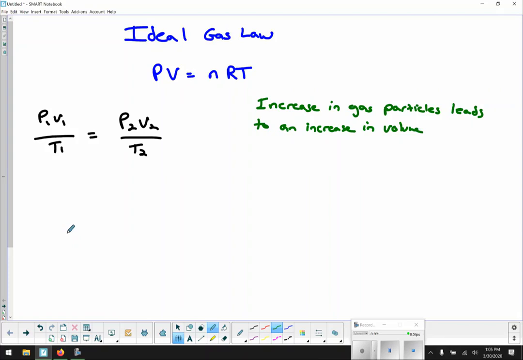As particles go up, volume goes up, which, again, is very intuitive. Because of that, to show a direct relationship in equations, we put one thing in the top of a fraction and one thing in the bottom of a fraction. So for number of moles, since volume is in the top of this, number of moles would go down here, n1 and n2.